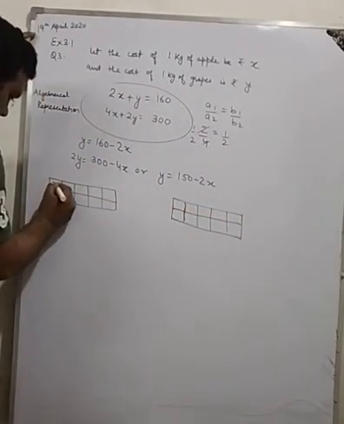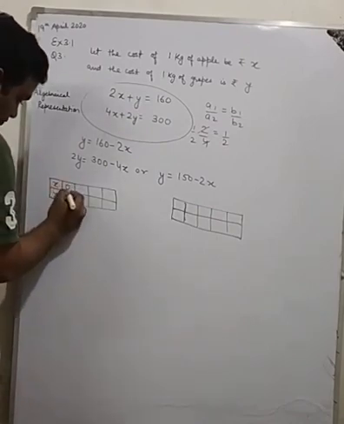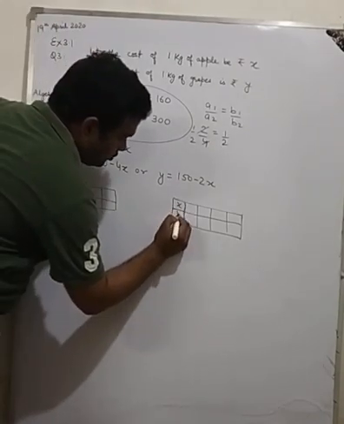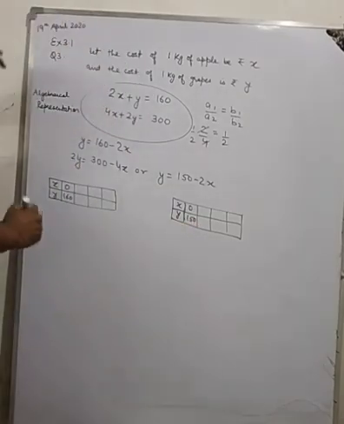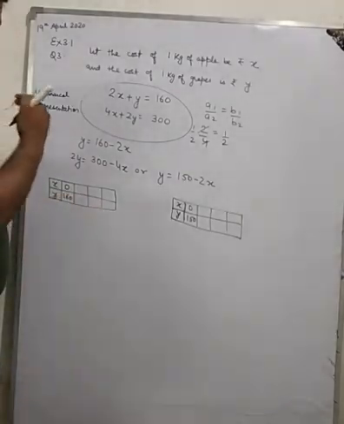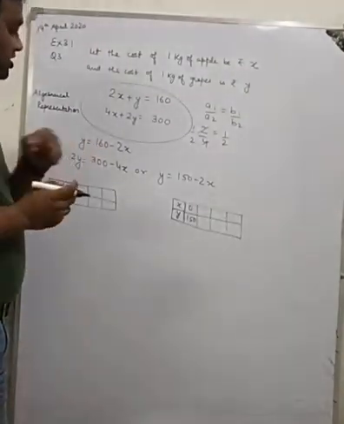x, y. If we put simply x is equal to 0, y is 160. Here if we put x is equal to 0, y is 150. Now I am not going to put the values 1, 2, 3 for x, because here this number is in tens.